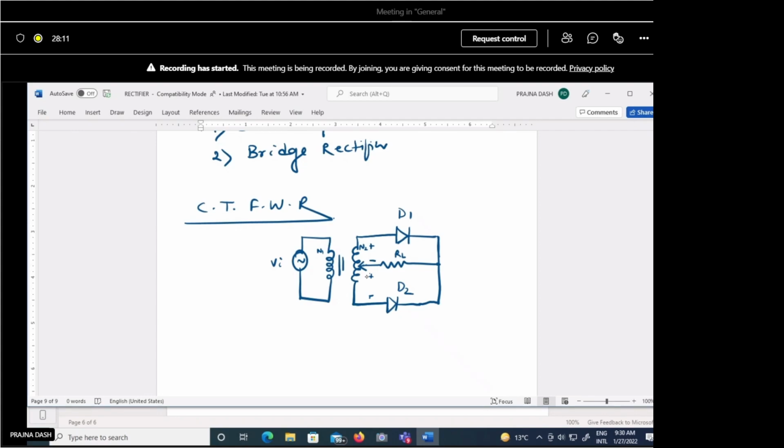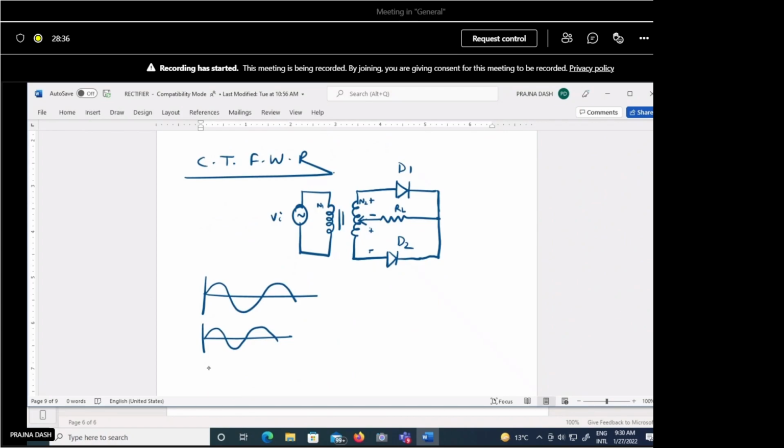Suppose in the primary winding you are giving the input voltage like this. At the secondary, in the upper half, the same voltage will appear, and in the lower half also we are getting the voltage, but in the opposite phase.